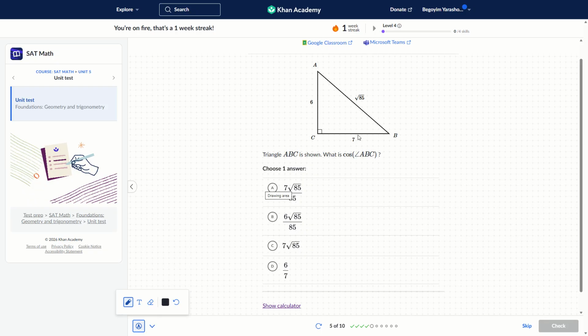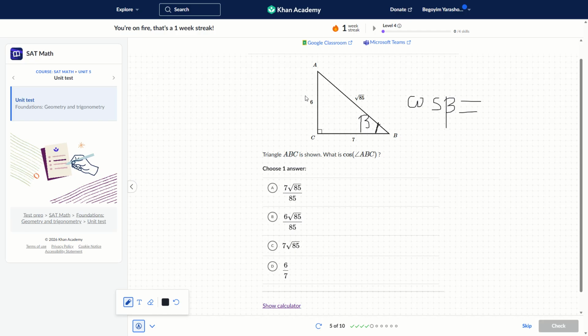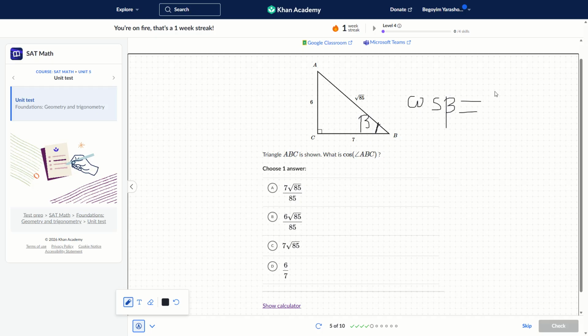Triangle ABC is shown. What is the cosine of angle ABC? Okay, if we put beta, cosine beta equals what? We are given each side. Cosine of x would be adjacent over hypotenuse. You might ask, we are not given probably not this one, not this one, not this one.